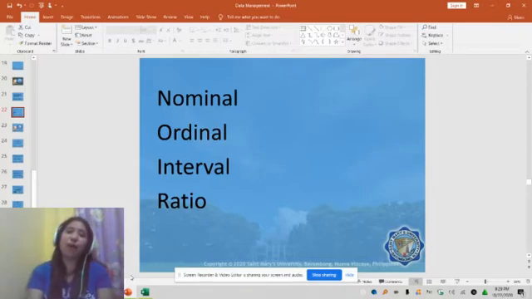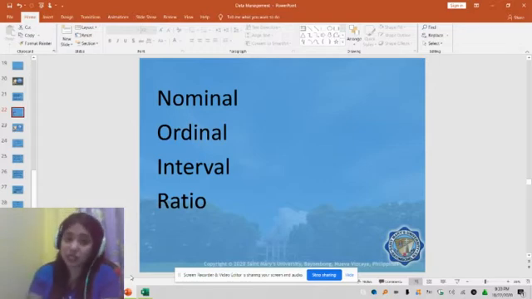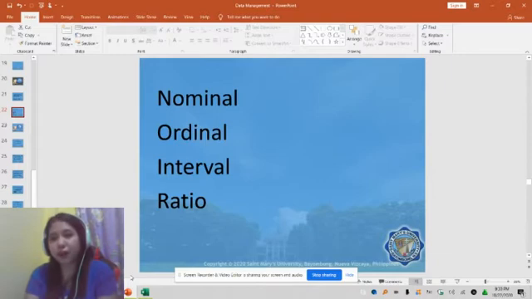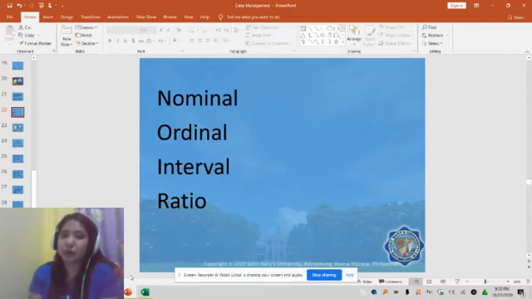Now let's move on to interval and ratio. For interval and ratio, these variables are both quantitative variables, which means they are numerically valued. So it involves numbers. For an interval variable, there is no absolute zero, which means that if it is zero, there is still a measurement. An example is score.